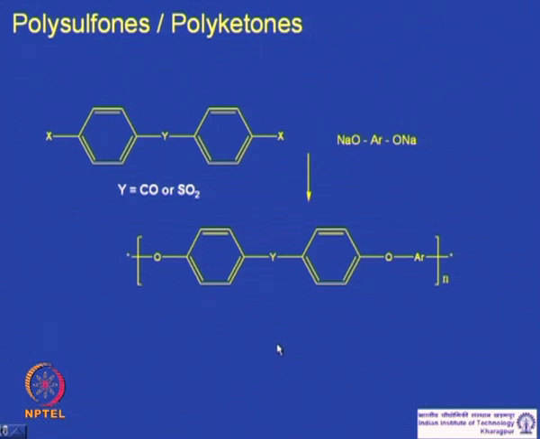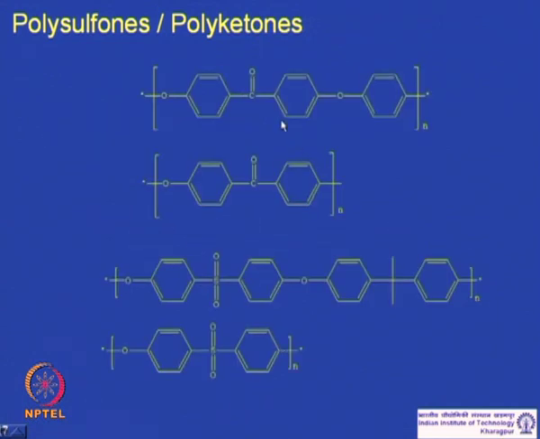I will show you the examples in the next slide. If you have a CO, these are called polyketones, and specifically this structure is called polyether ketone, and this is simply called polyether ketone. If you have a sulfone group, SO2 group in here, then these are polysulfones.